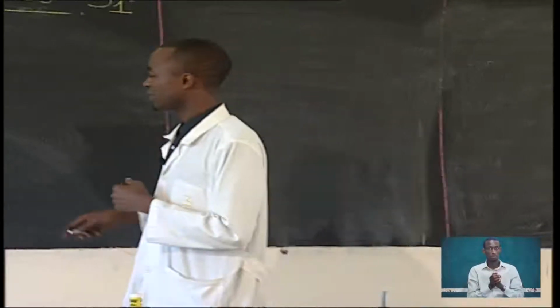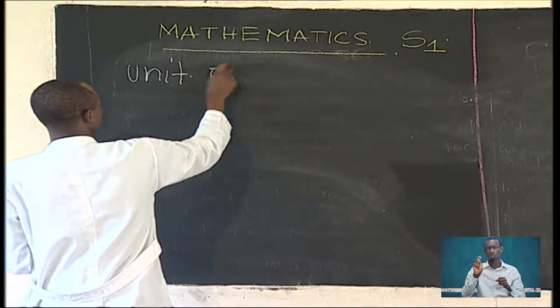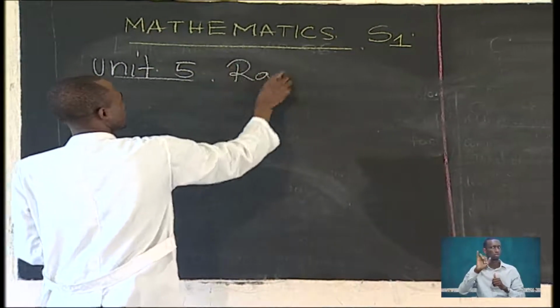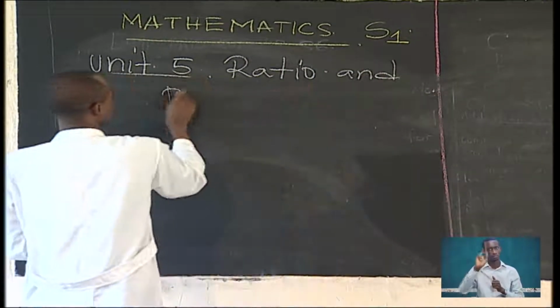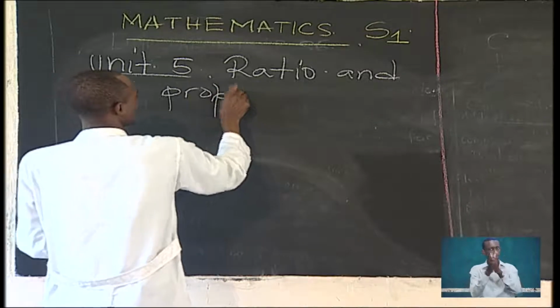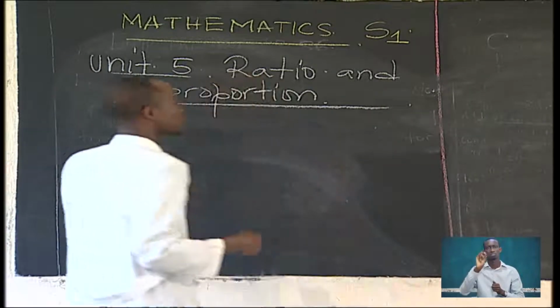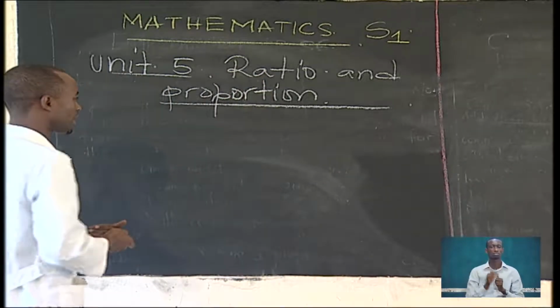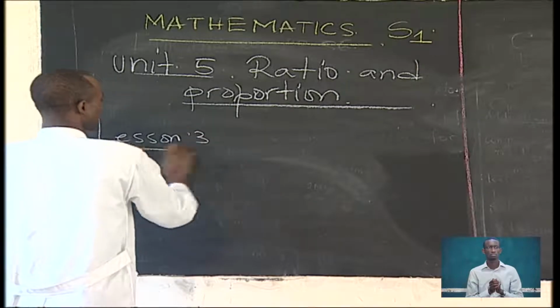So let's go. This is unit number 5, ratio and proportion. Lesson number 3.